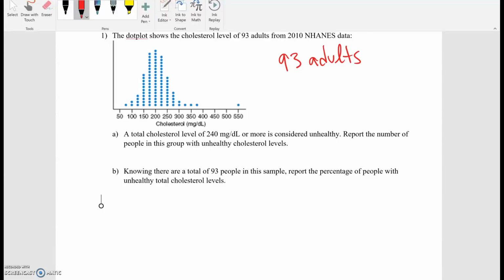All these 93 people went to check their cholesterol levels, and 240 or more is considered unhealthy. 240 is roughly around here, so all of these dots are considered unhealthy. How many dots is that? Once you count, I believe you should get a total of 21. So you have 21 unhealthy cholesterol levels.